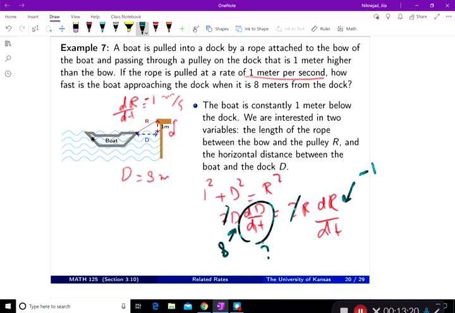And so how do I figure out R? Oh, incidentally, at the instant that we're measuring all these, D is 8, and the distance from the top of the pier to this base is 1. So I can use the Pythagorean theorem to find that, and that gives me the square root of 1 plus 64. 8 to the power 2 is 64.